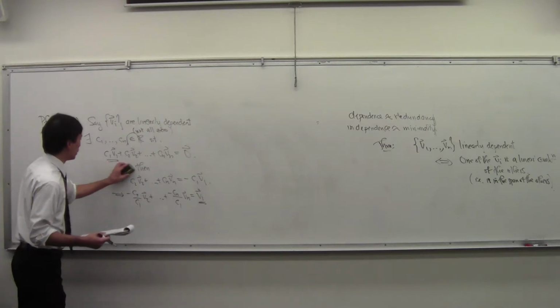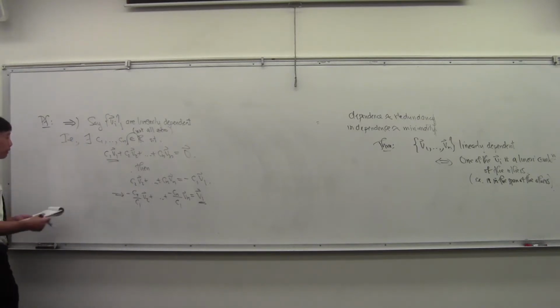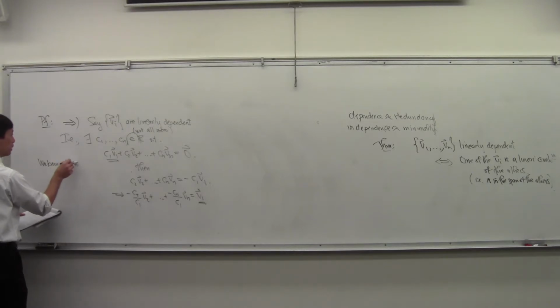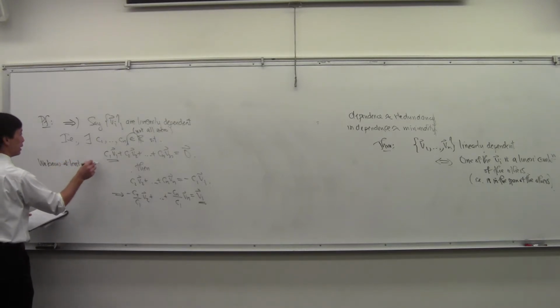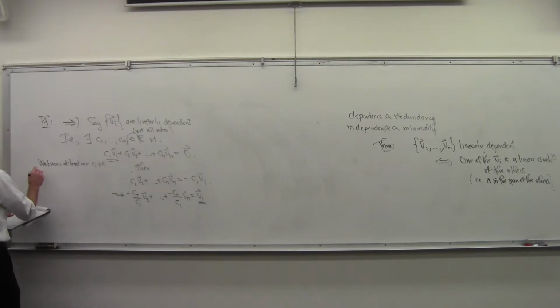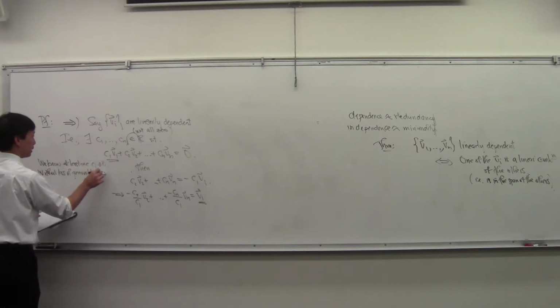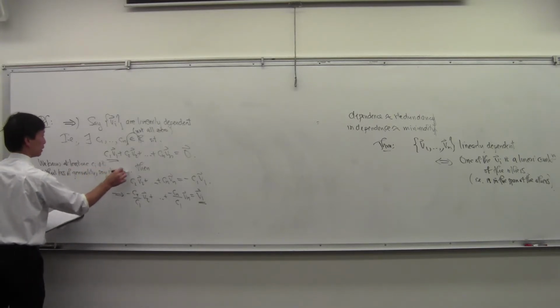In general, the way we argue at this point is we're usually saying we know at least one CI is not equal to 0. Without loss of generality, say it's C1.